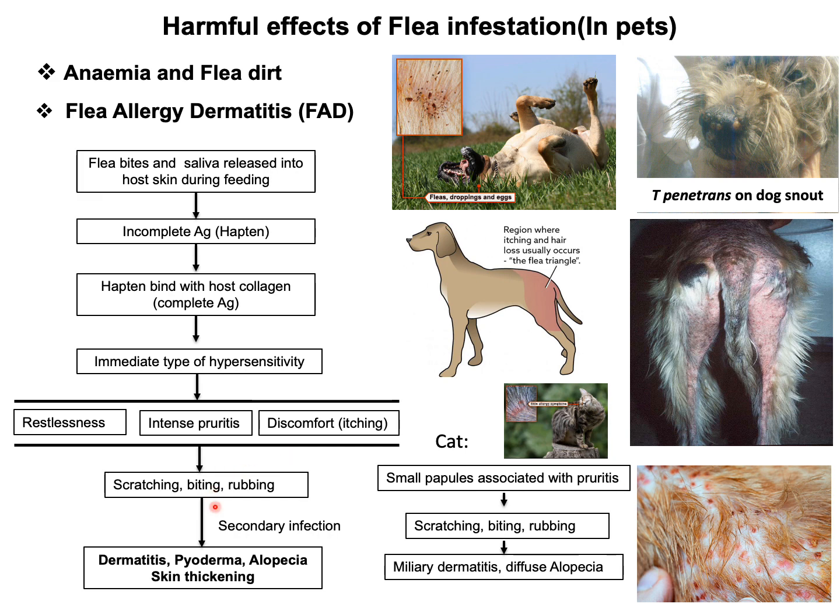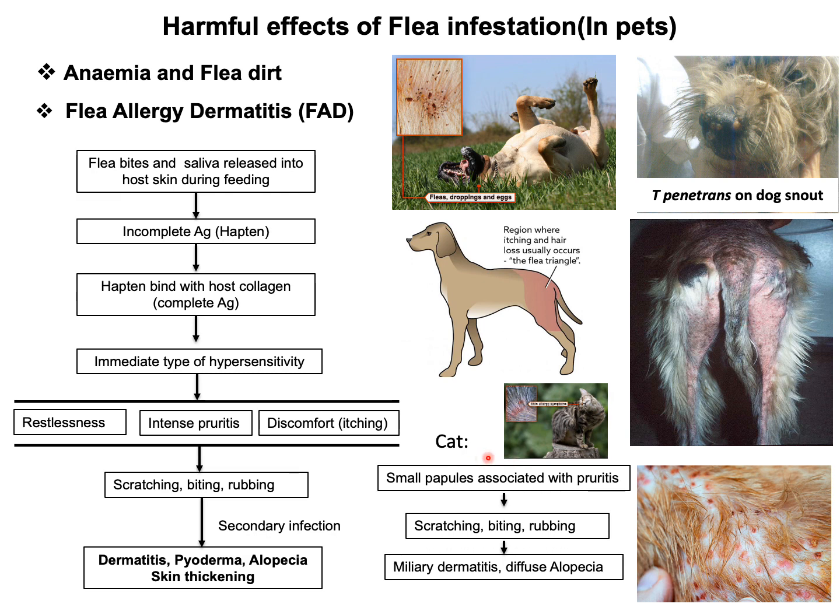In the meantime, there will be secondary bacterial infection, which all together will lead to severe dermatitis, pyoderma, and alopecia of the affected region. And there will also be skin thickening.